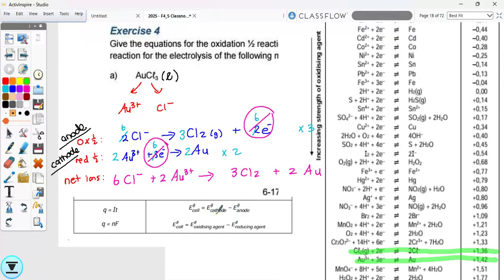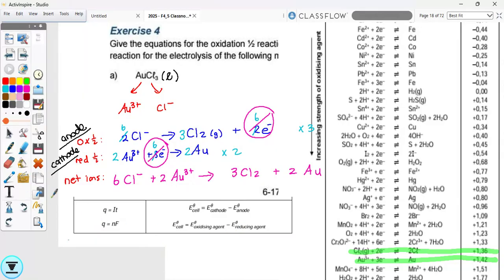The cathode is reduction, and that would be the oxidizing agent. Anode is oxidation, and that would be the reducing agent. It helps you with your definitions, this equation as well.